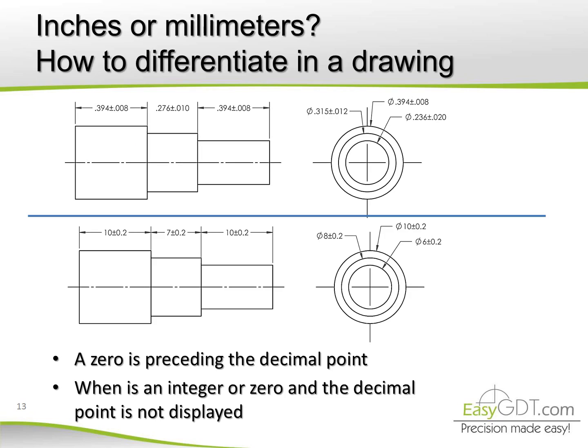Here we can see the two examples. At the top, dimensions are specified in inches, and at the bottom in millimeters. In this case, we can notice because dimensions smaller than 1 have a 0 before the decimal point. In this case, they are millimeters.